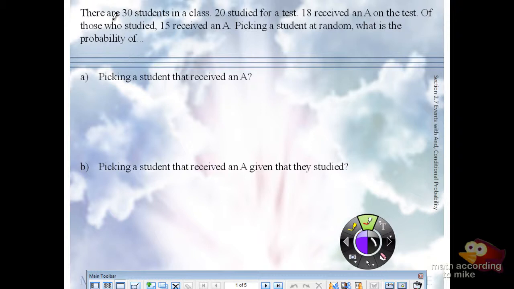So you have 30 students in a class, 20 studied for a test, 18 got an A. Of those who studied, 15 got an A. And as it says, picking one student at random, what is the probability of picking, in part A, a student who received an A?